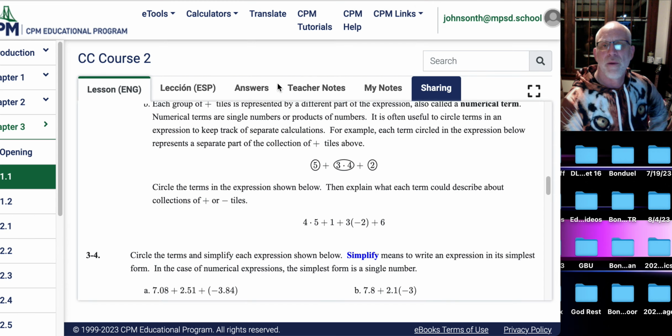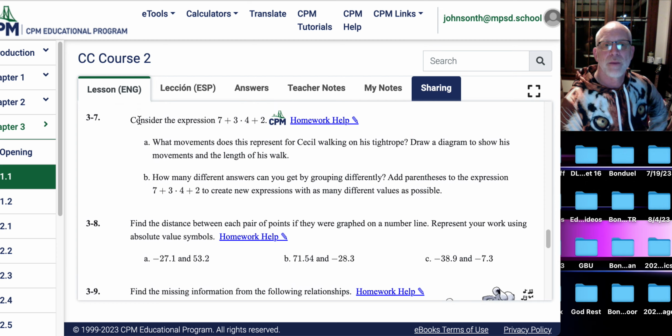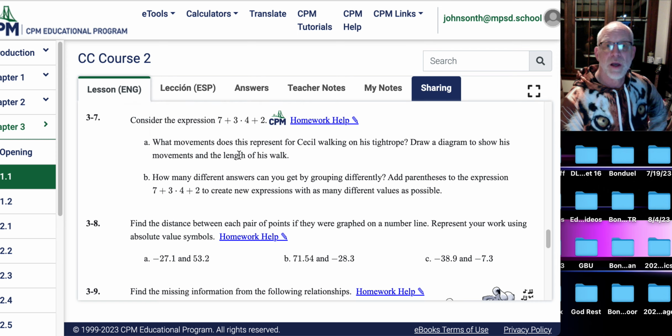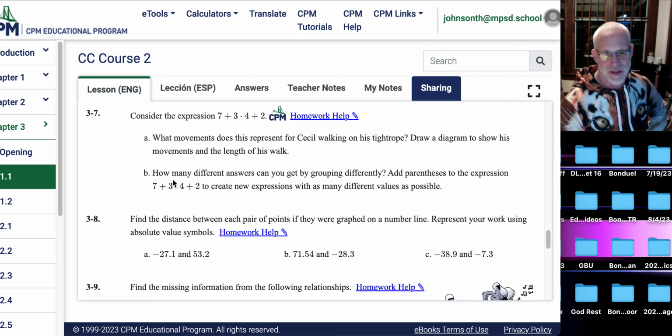One of our problems: consider the expression 7 plus 3 groups of 4 plus 2. What movements does this represent for Cecil? Draw a diagram to show the movements. And what if we group this differently? How can you add parentheses to group this differently?